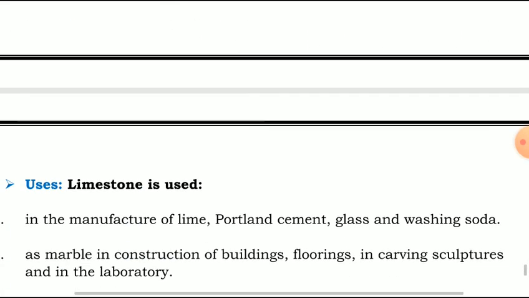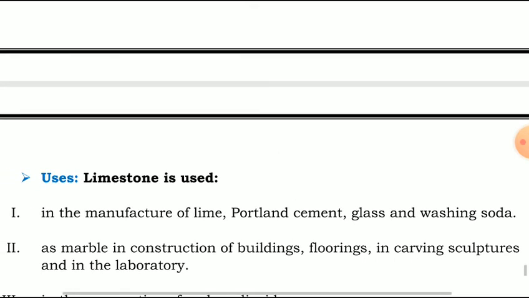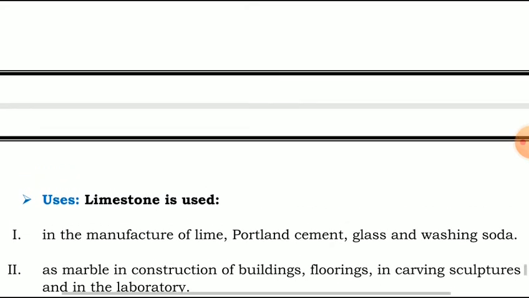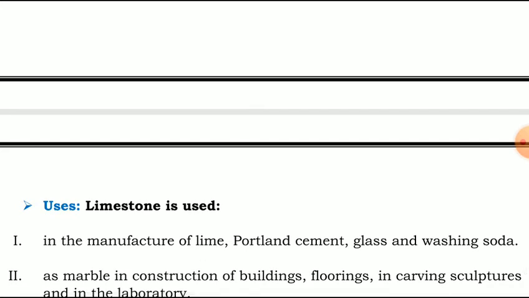Uses of limestone, or calcium carbonate. It is used in the manufacture of lime, Portland cement, glass and washing soda. It is used as marble in construction of buildings, floorings and in carving sculptures.